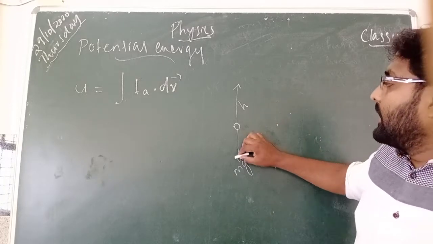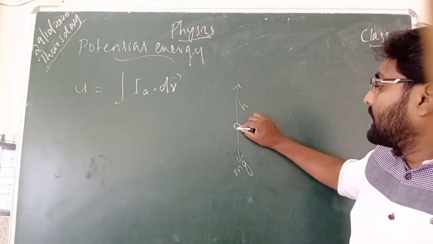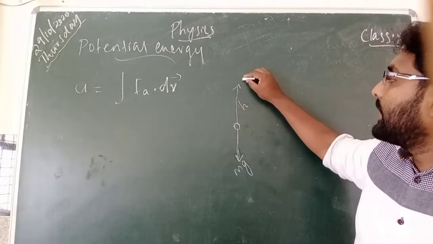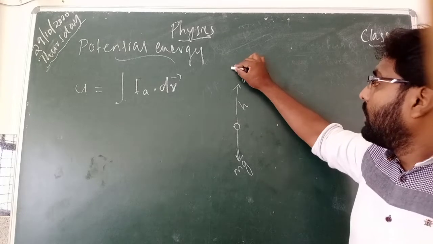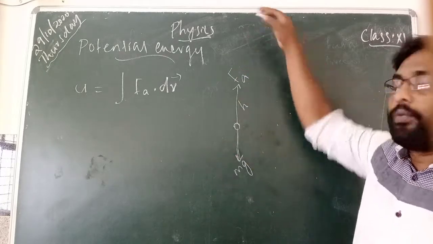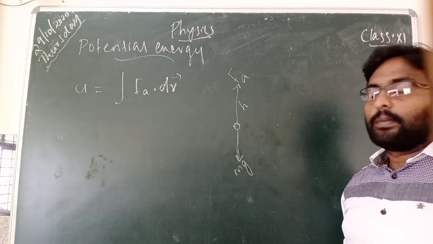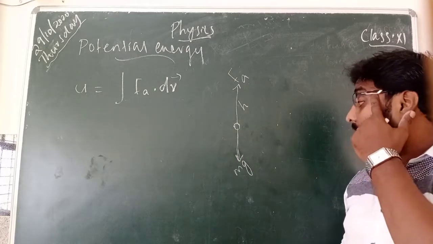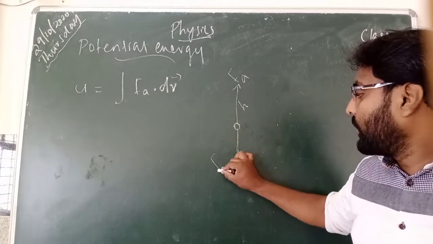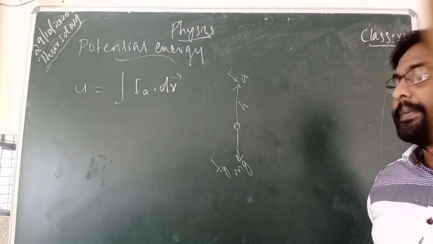Now you are lifting this object upward. This gravitational force is acting downward and acceleration is upward. So acceleration is due to the external force. So this mg means gravitational force. So you can write Fg.